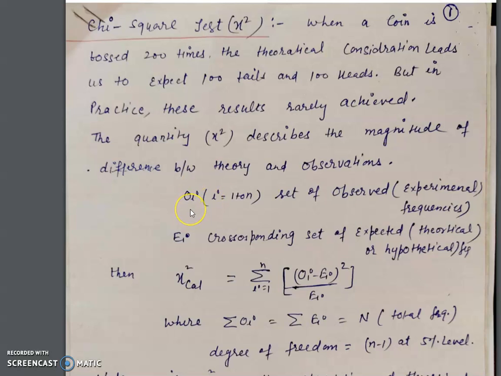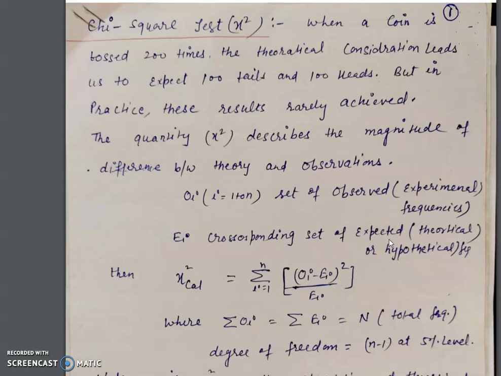In this test, we have Oi and Ei, where Oi is the set of observed or experimental frequencies and Ei is the corresponding set of expected or theoretical frequencies.